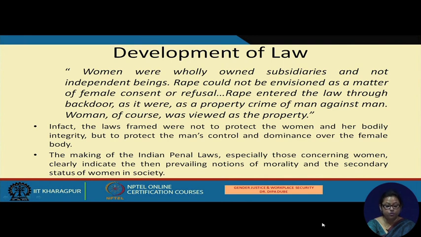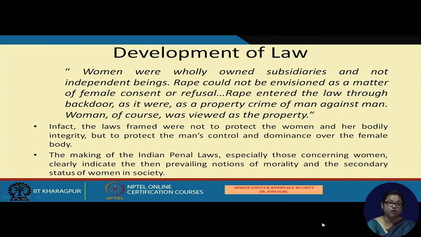Woman, of course, was viewed as the property. So, the whole concept, or what she argues, is that the law as it developed and the penal provisions which came in never came in to protect the cause of women, but to protect the property of man against man.